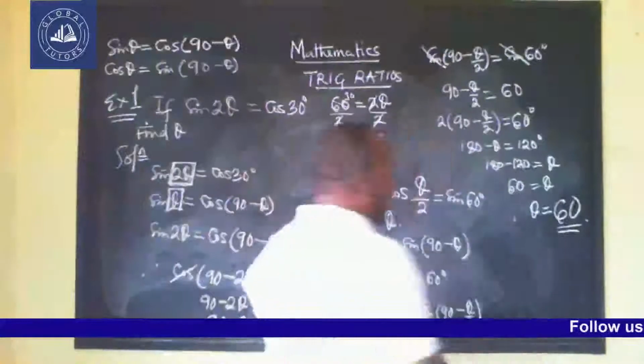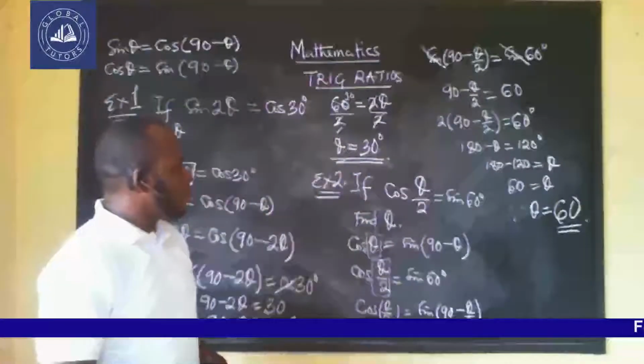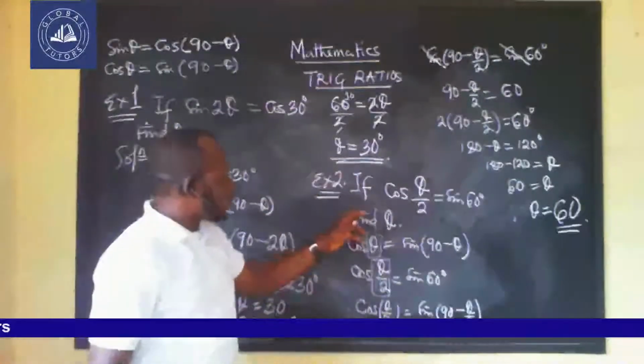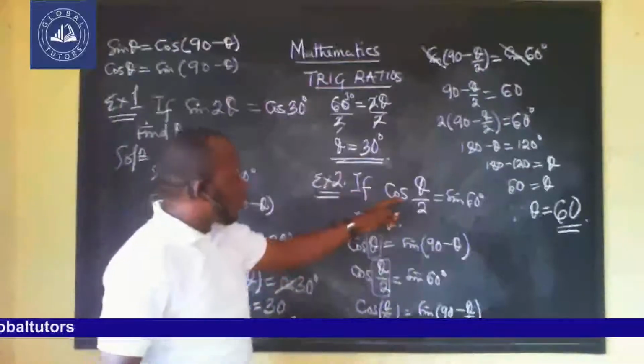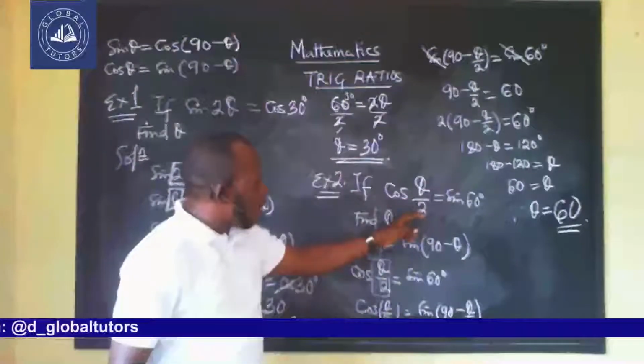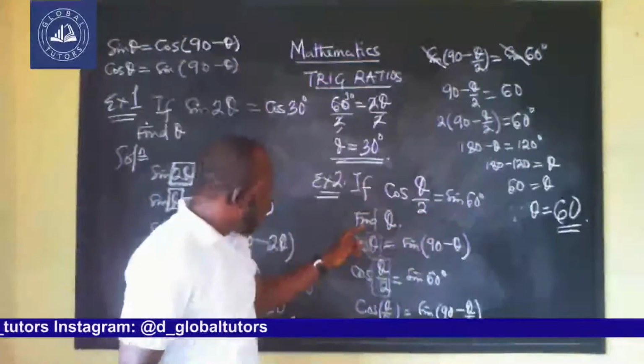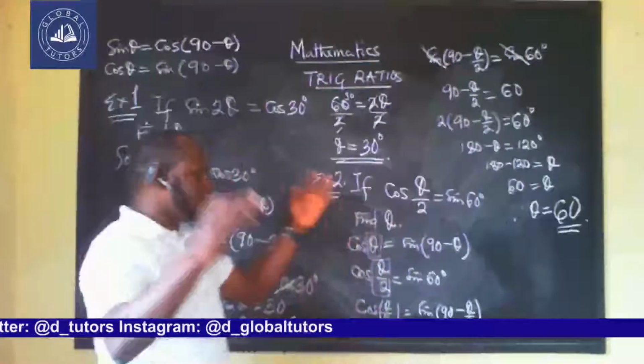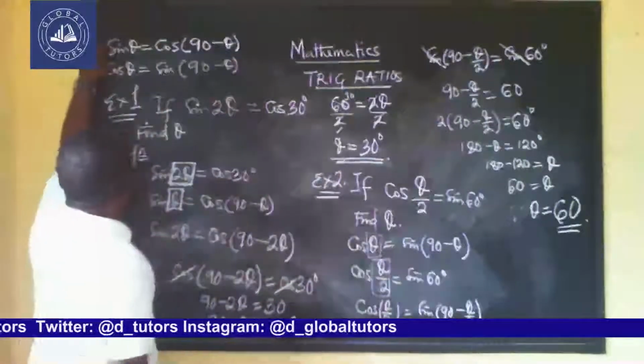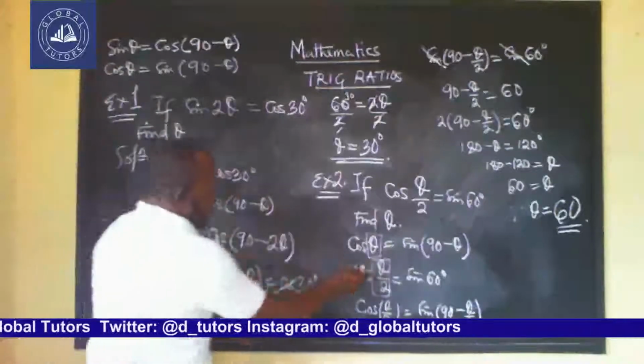I'll go through the question again. The question says, if cos theta over 2 equals sine 60 degrees, find theta. We go back. We have established this.